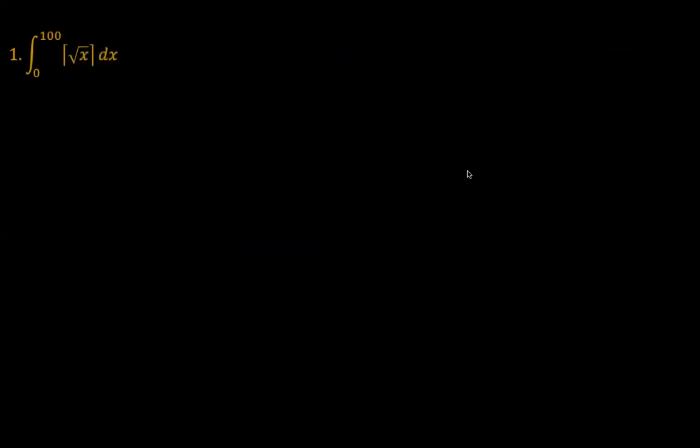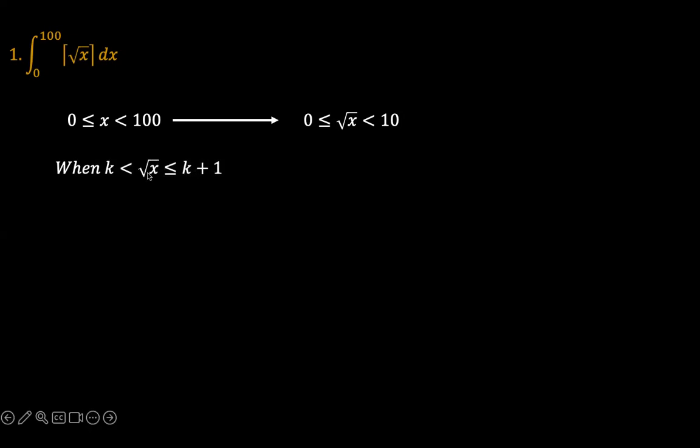The first thing that I would like to look at is we have an interval from 0 to 100. So x lies between 0 and 100, and that means that the square root of x is between 0 and 10, right? Now, when the square root of x is between k and k plus 1, where k is an integer, it means that x is between k squared and (k plus 1) squared.